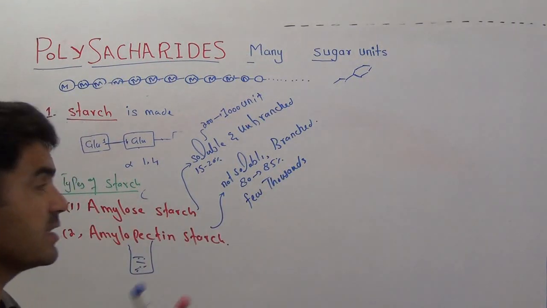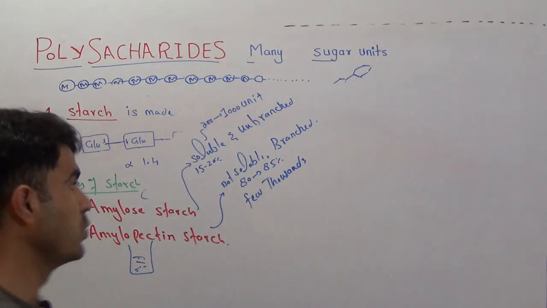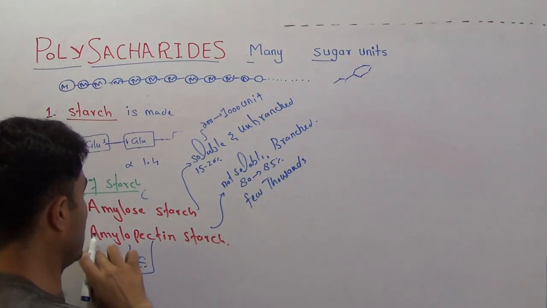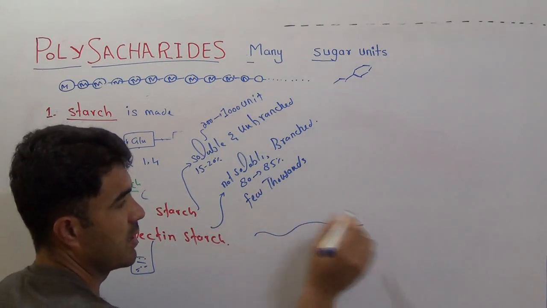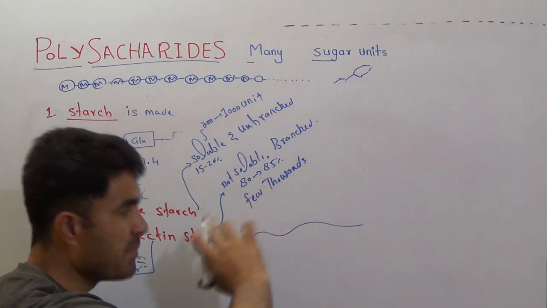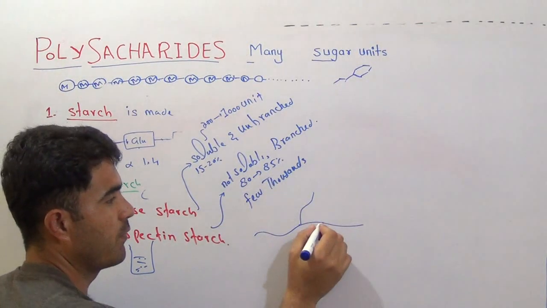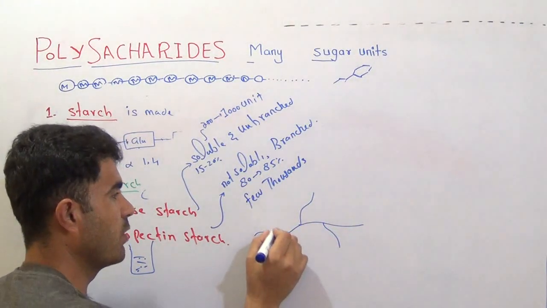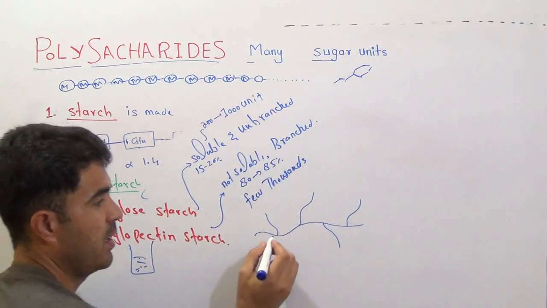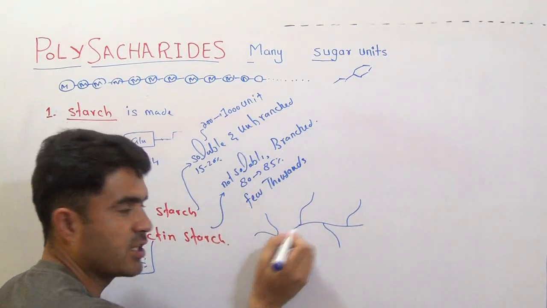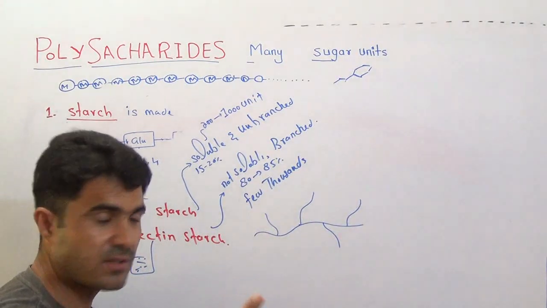So a few thousand glucose units are joined together, and we know very well that in amylopectin starch there will be branching. This is the main axis, and you will find one branch here, another branch here, so many branches in amylopectin. Remember, at the branching point the bond is alpha 1,6.